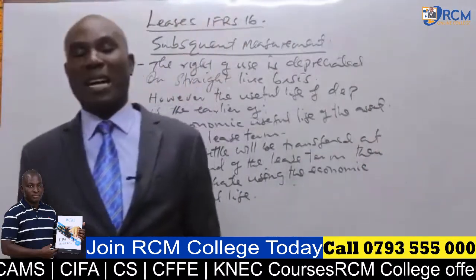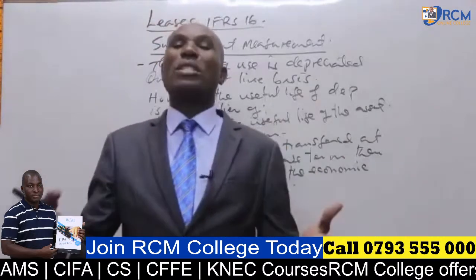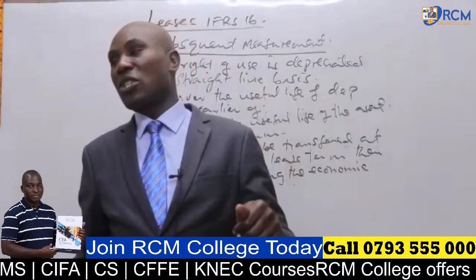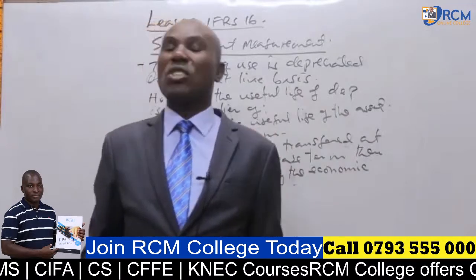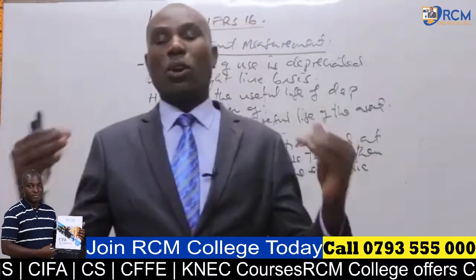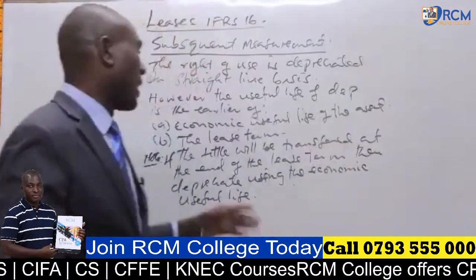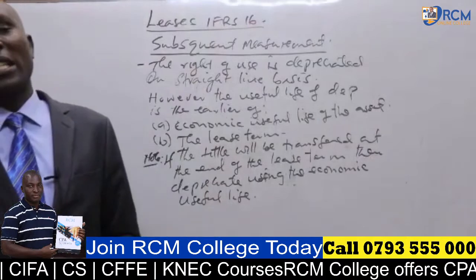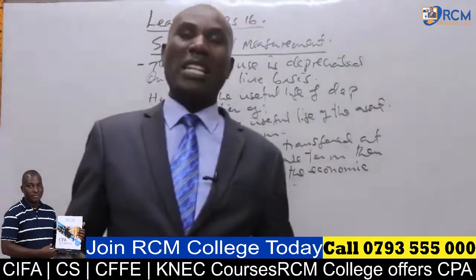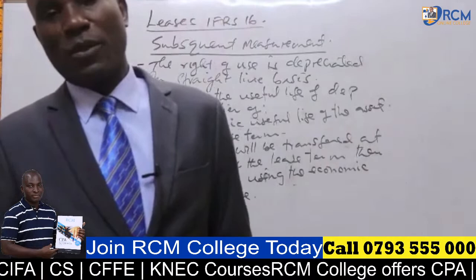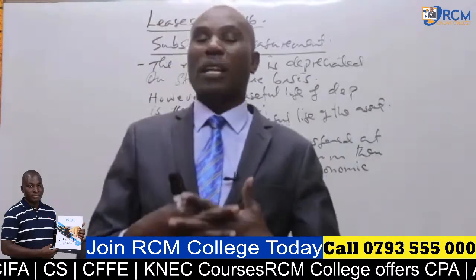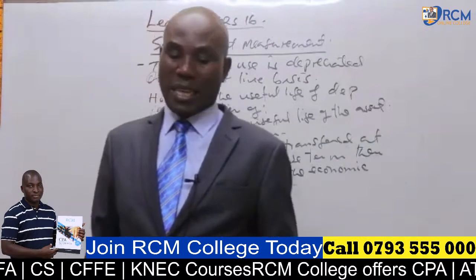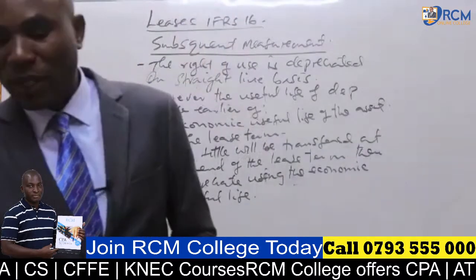So if there is that clause that I will buy the asset, when I want to depreciate, I will depreciate using the economic useful life. Like the example I have given you, 20 and 10. Economic useful life is 20. Therefore, I will depreciate that asset using 20, if the title will be transferred to the user of the asset at the end of the lease term.